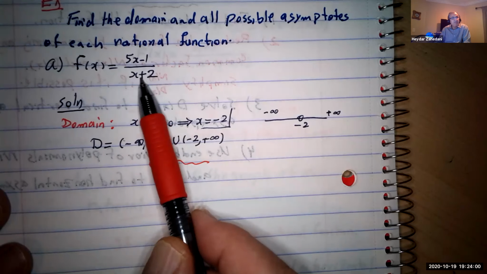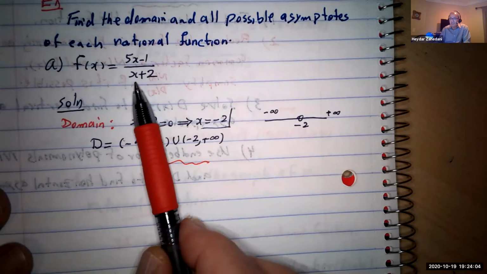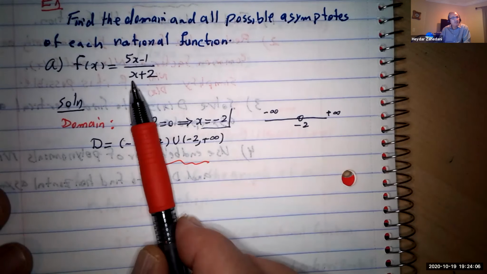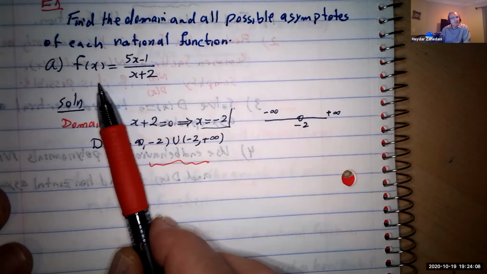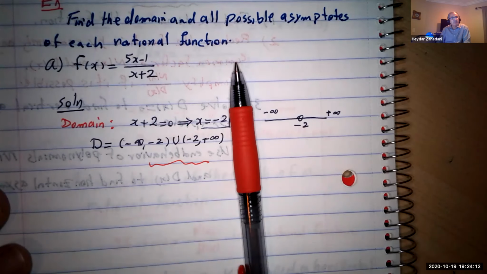So that value of x would create a vertical line. If you put x equal to negative 2, the denominator would be 0, so we get infinity, which is undefined. So x equal to negative 2 would be a vertical line. That we call a vertical asymptote. So when one of them goes to infinity, we get the other.